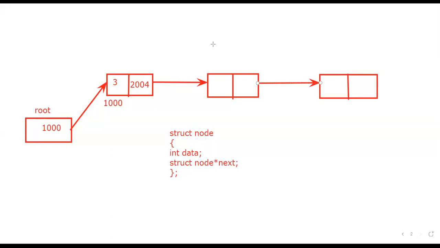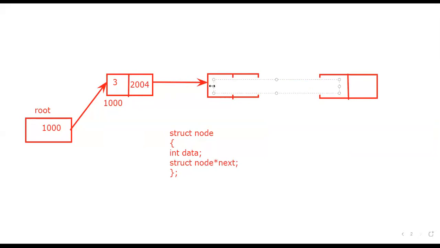Now, what is 2004? Which address is it? Next node address. So the next node address is stored in the previous node. That means the previous node is pointing to the next node. So it will form a chain structure.